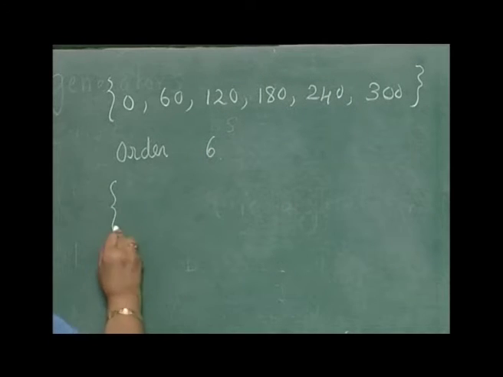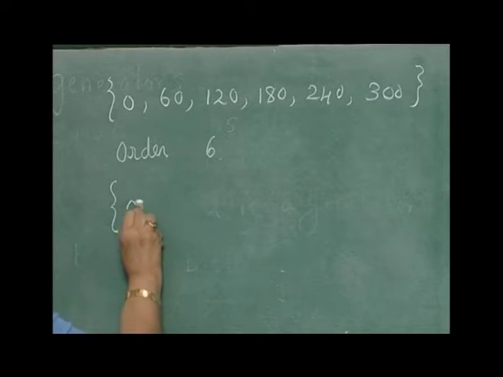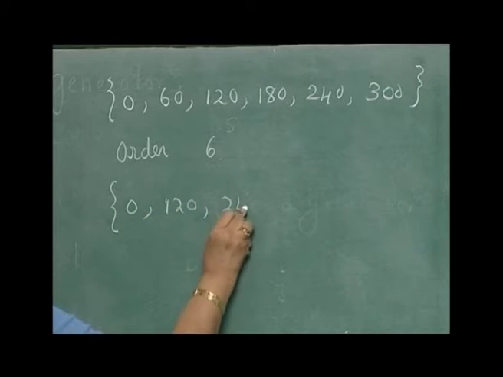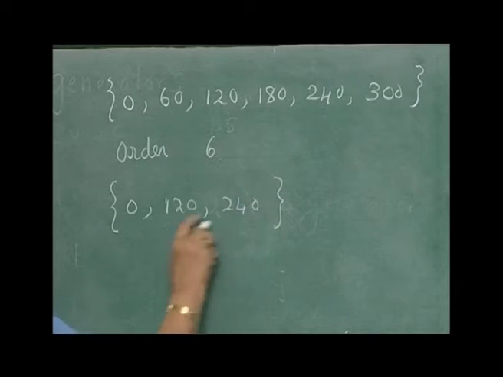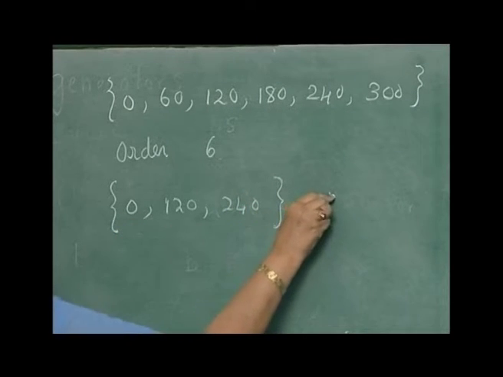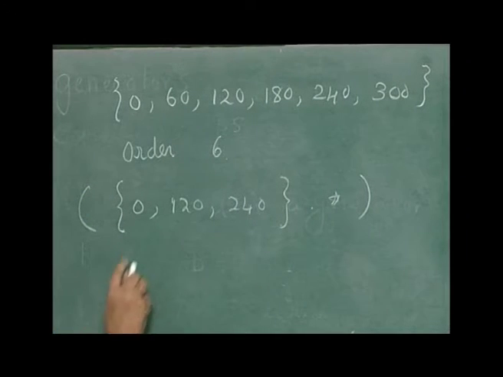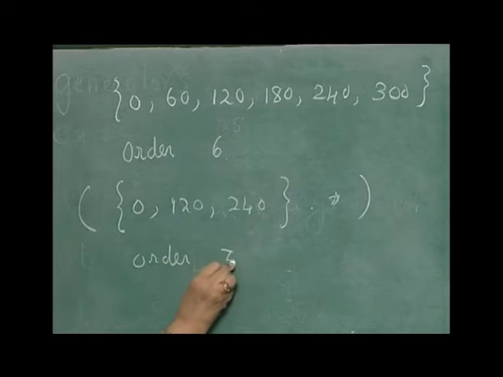Now, what are the subgroups here? 0, 120, 240 is a subgroup with the same rotation operation. What is the order of this? The order of this is 3.